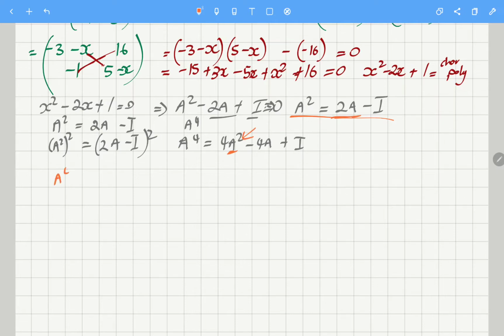So that's A to the 4 equals 4 times (2A - I) - 4A + I, which becomes 8A - 4I - 4A + I, which then becomes 4A - 3I.